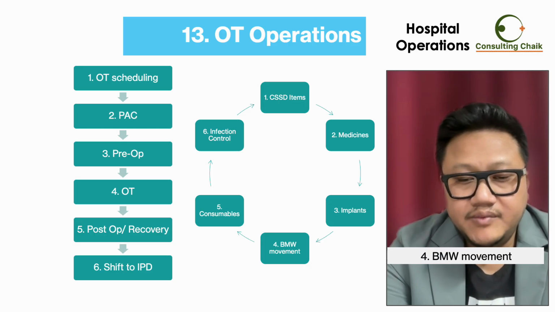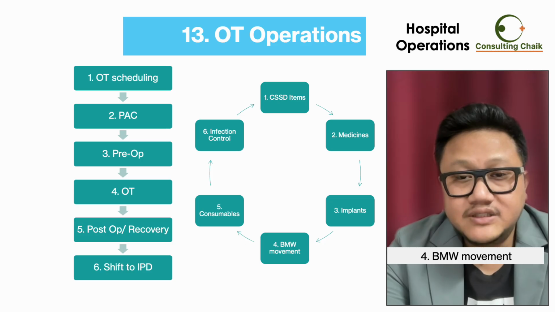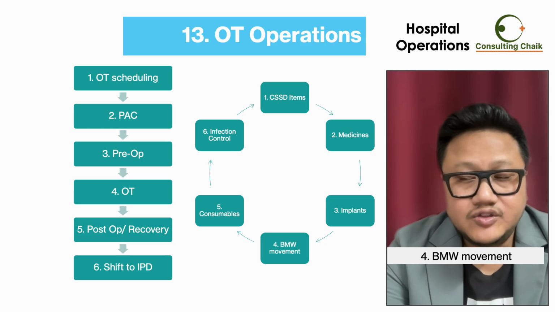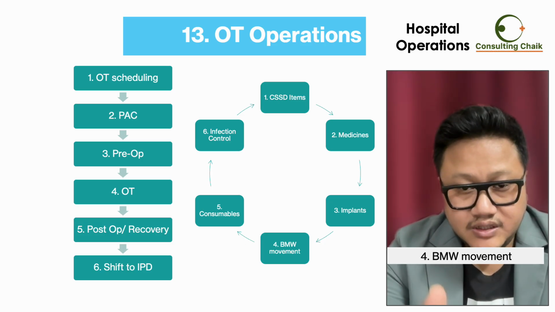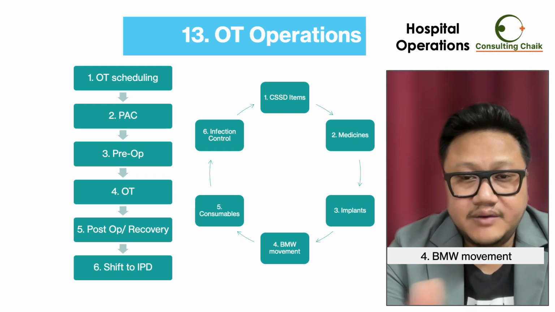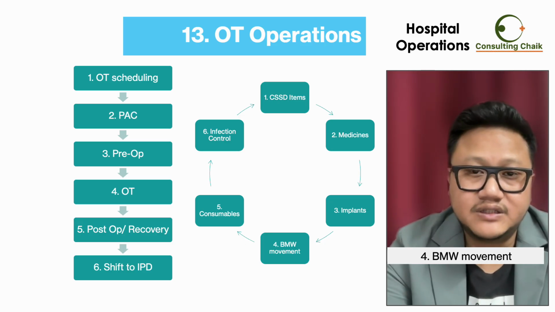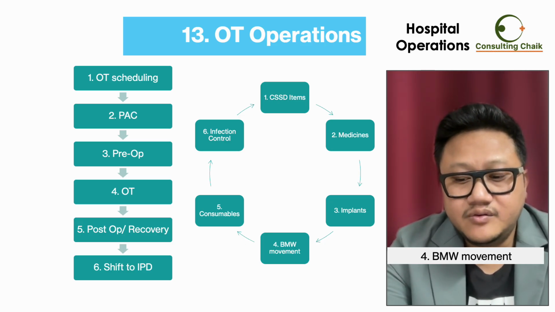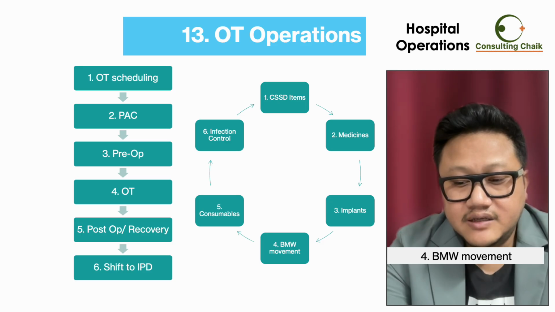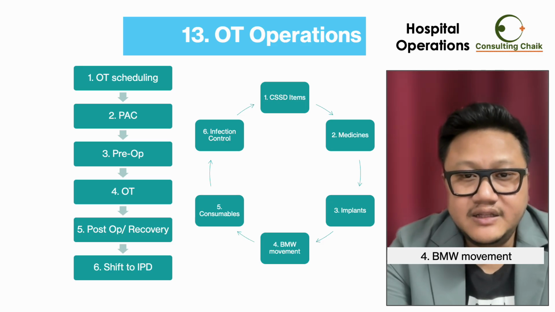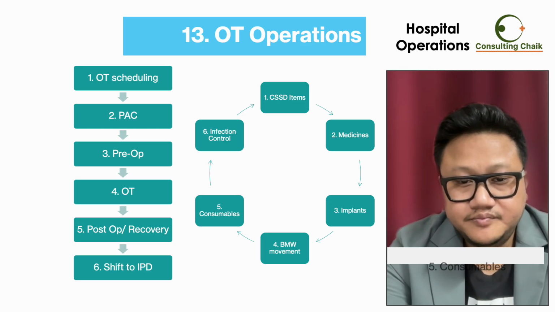Then comes your BMW movement. So the biomedical waste movement is very important. It should not cross the same place where the sterile items are coming. So it is very important. And when you don't have your infrastructure planned accordingly, then you have to use certain other consumables to mitigate this problem.